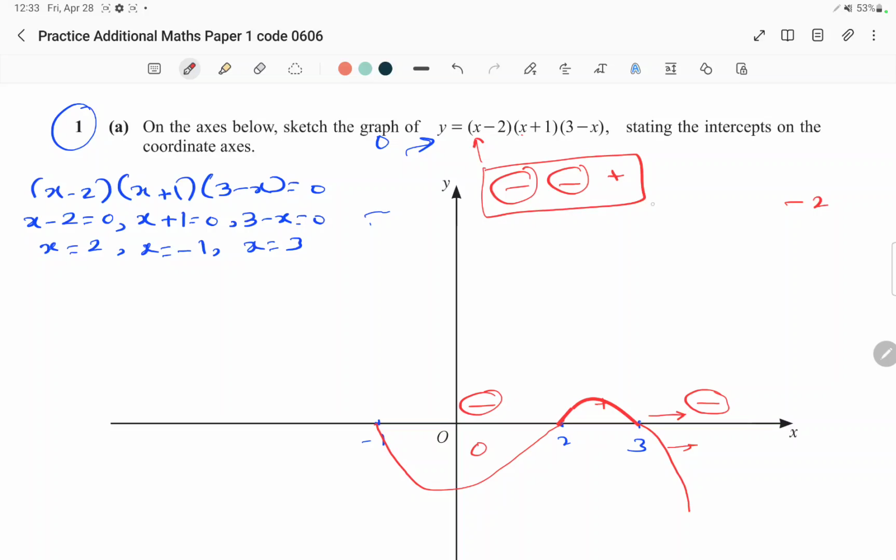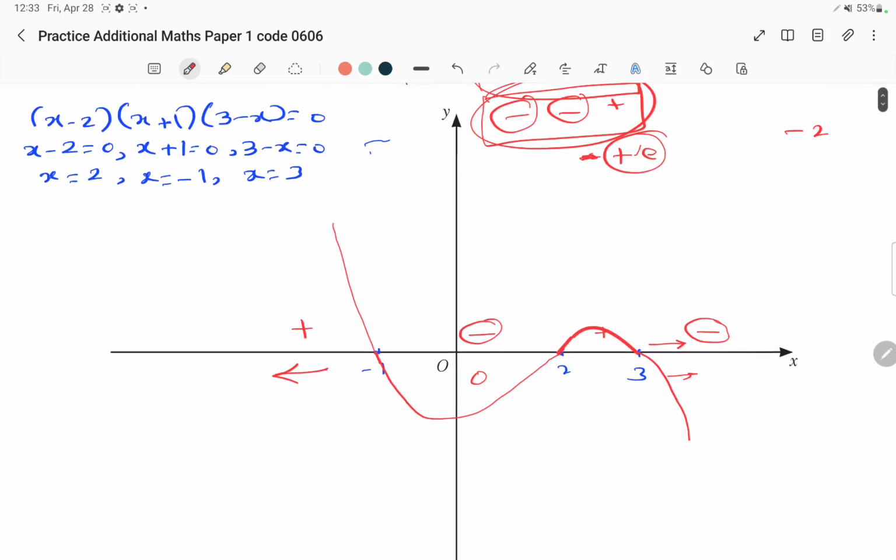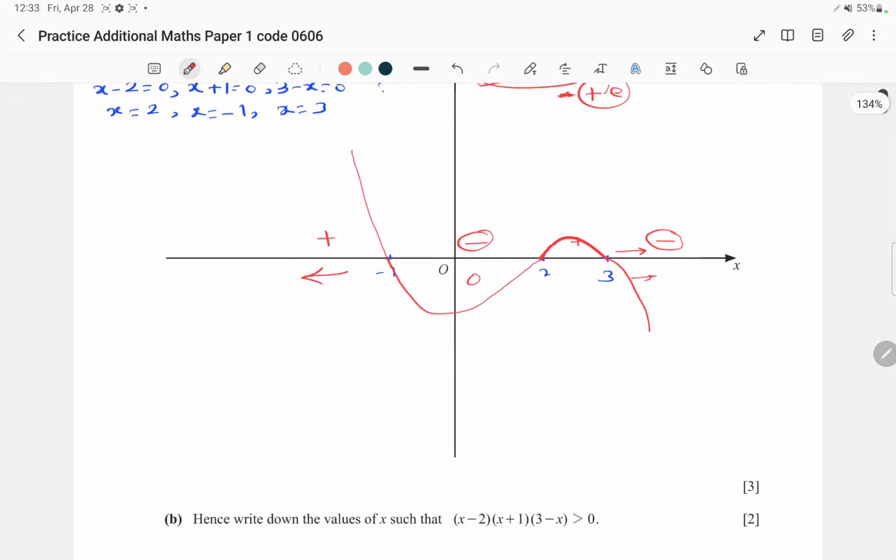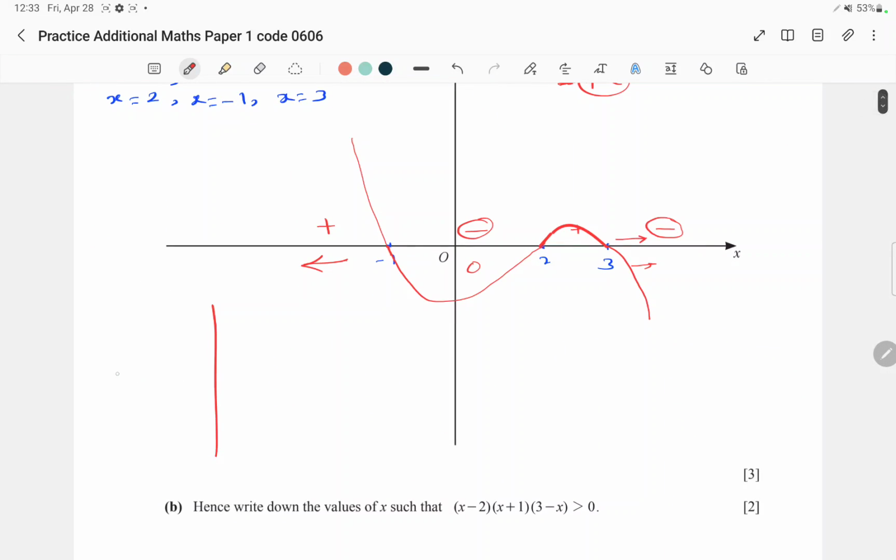We have 2 negatives and a positive, so overall it is positive, right? So here you will get positive y. When you put any value smaller than minus 1, y will be positive, and y positive means it is above the x-axis, so it will go like that. So finally, if we redraw this graph, it will look like this.